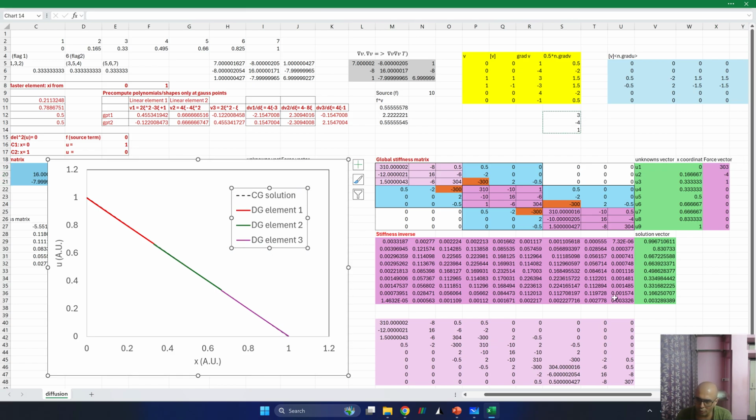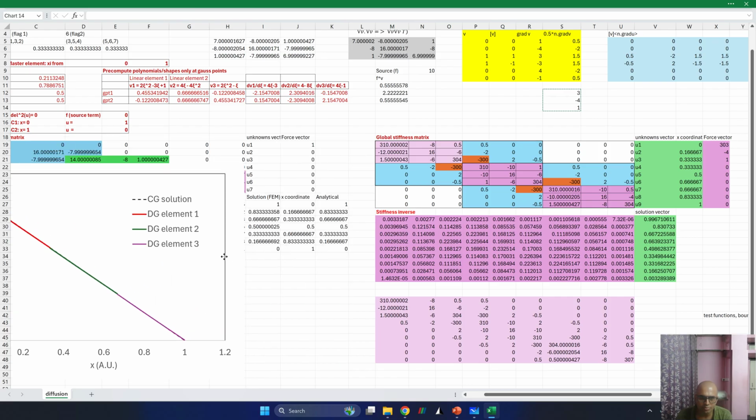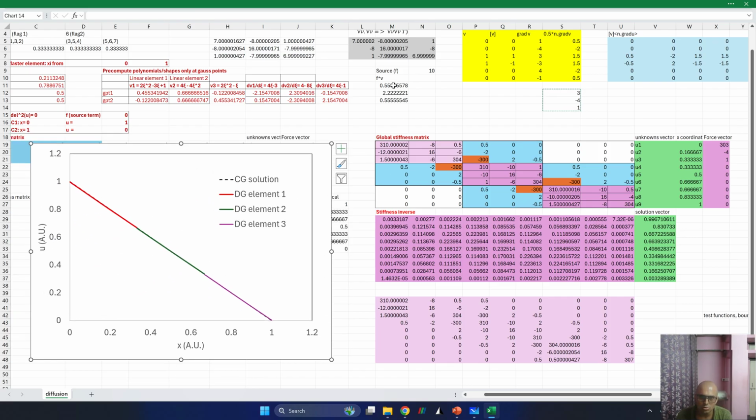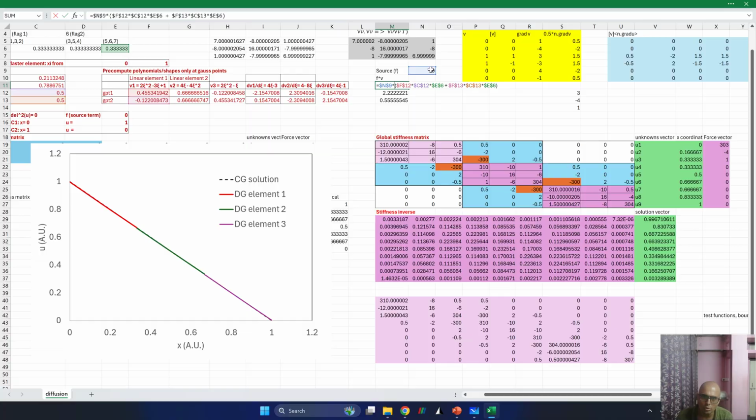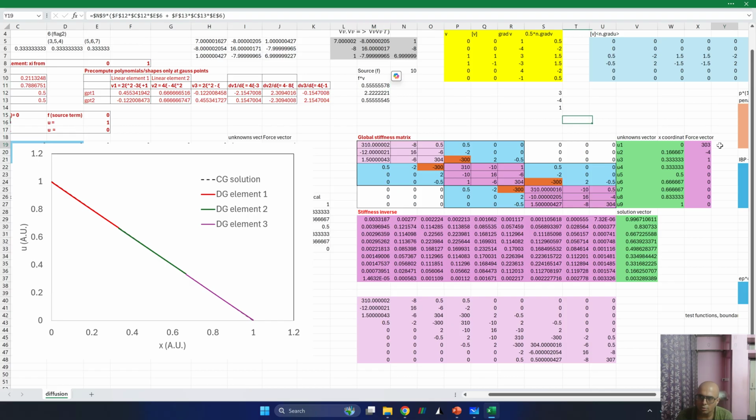So what would we do for a source term? I have a vector here added for the source, which is just your constant source. I've kept it as 10 and just multiplied by your test functions. This is really similar to our continuous Galerkin case. So we could just add this source here, here, here, and assemble the force vector.